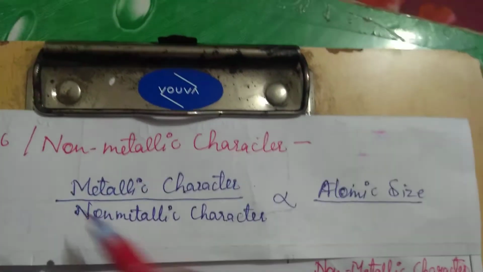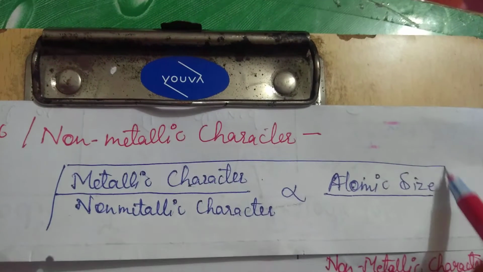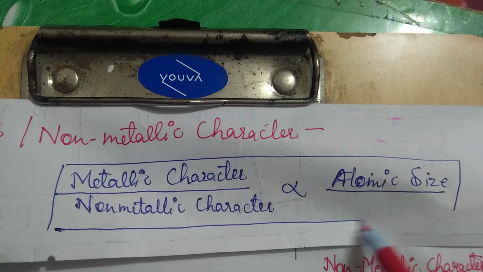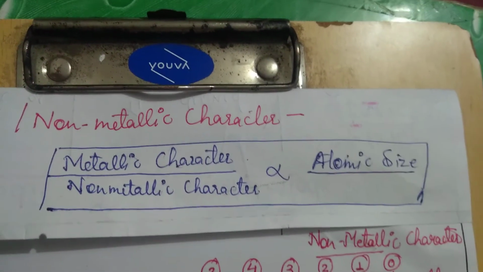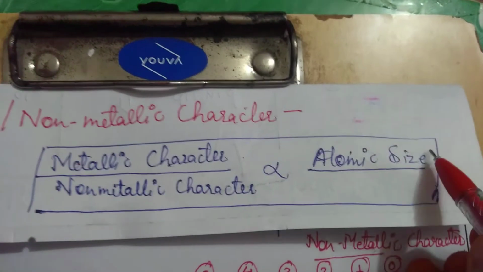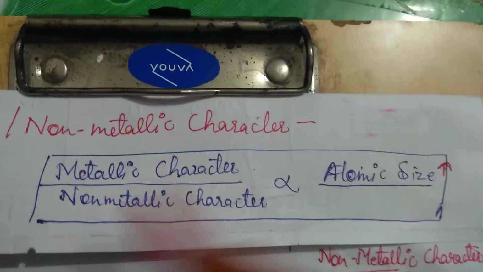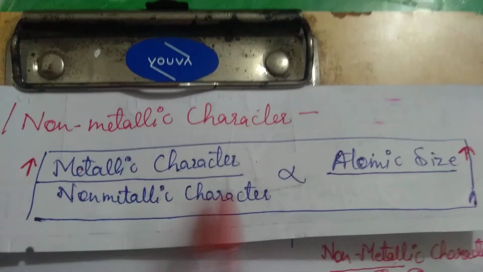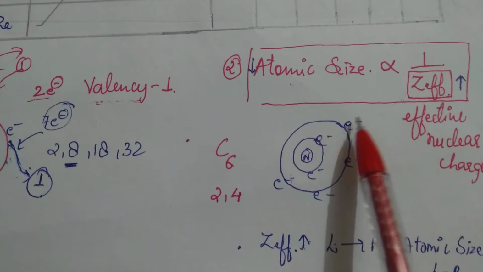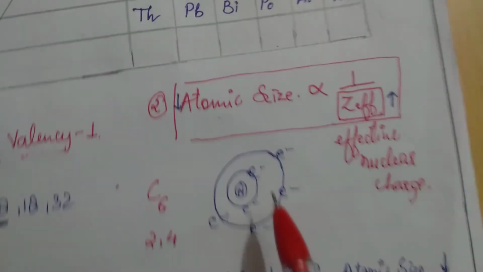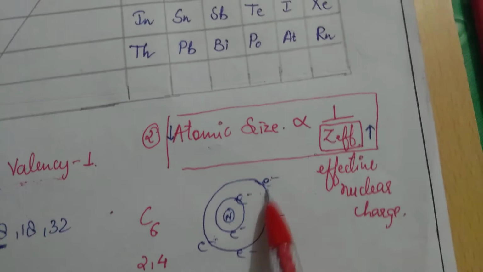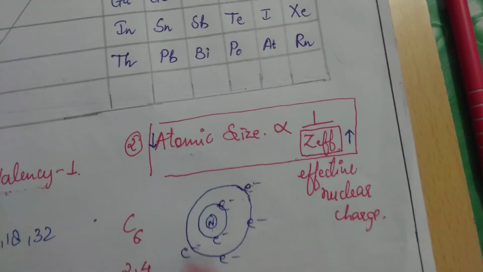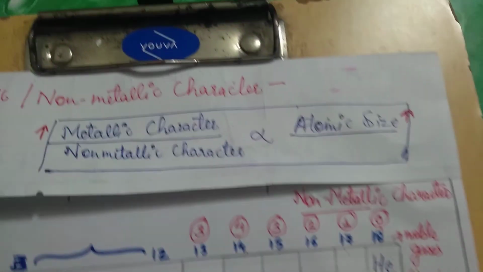So now check out the implication of this formula. Now see, if the size of any atom is increasing, it means its outermost shell will be far from the nucleus. So the attraction from the nucleus to the outermost electron will be less. If size increases, this electron will be loosely held by the nucleus, and it is easier for this electron to go out and be donated to other elements.